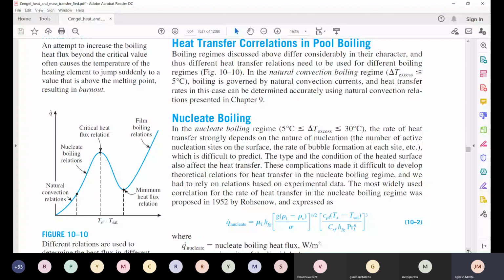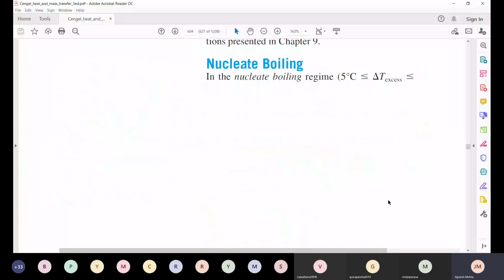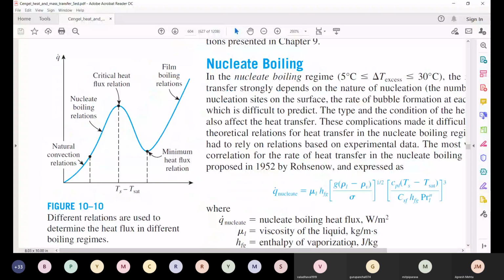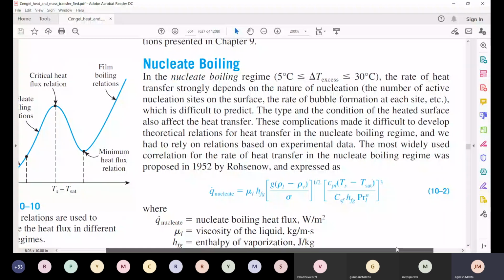Now, if you are interested in solving problems about heat transfer, what is the heat transfer rate that you get in the case of nucleate boiling? Any analytical solution is not possible because the physical phenomena are not completely understood. So you have to depend upon the correlations developed by scientists or researchers.